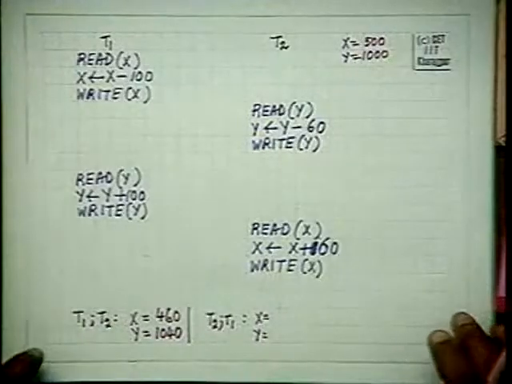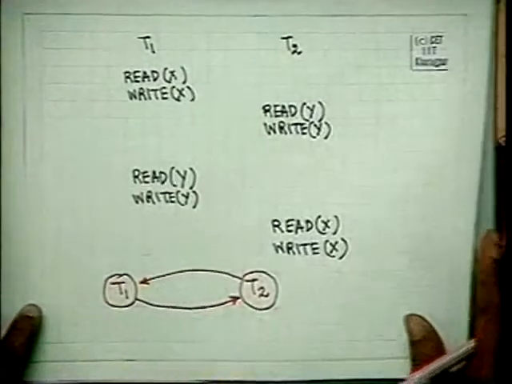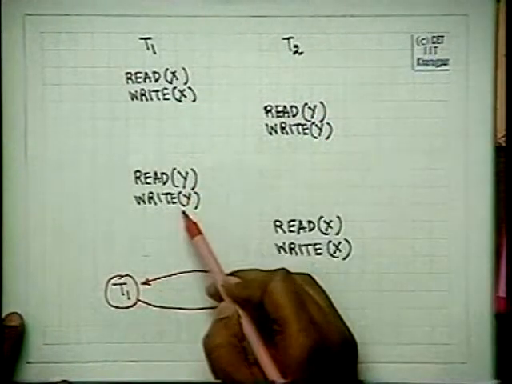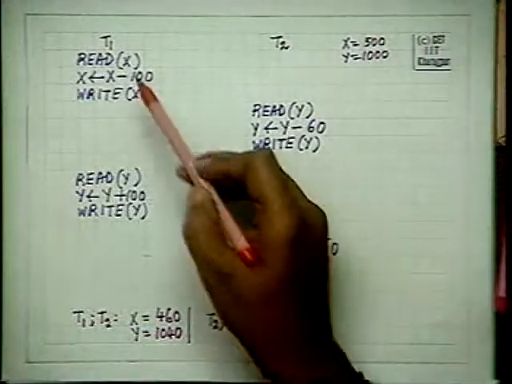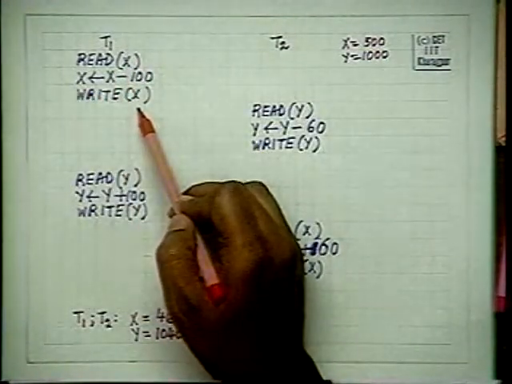Let us take this example. Let us come back to this example. Please note, we have got read x, write x, read y, write y, read y, write y, read x, write x. Here, read x, x is assigned x minus 100, write x.